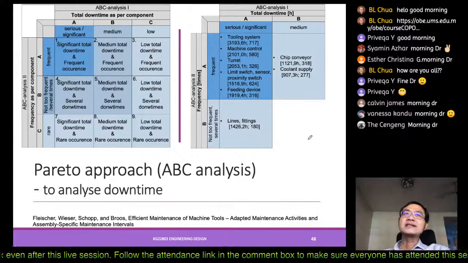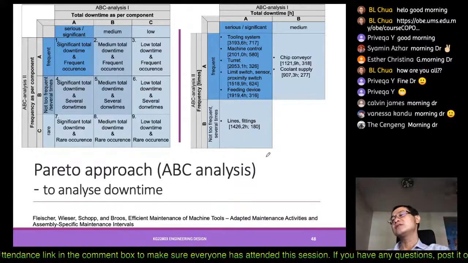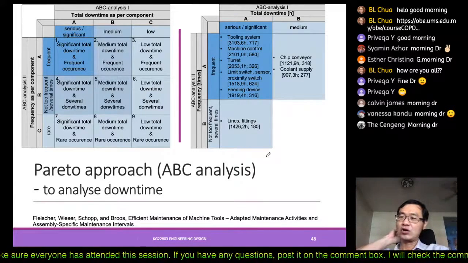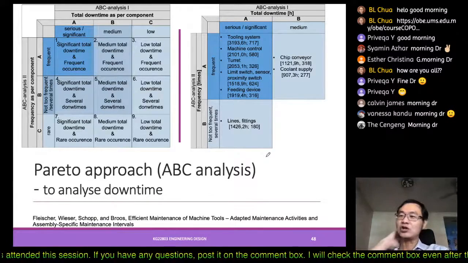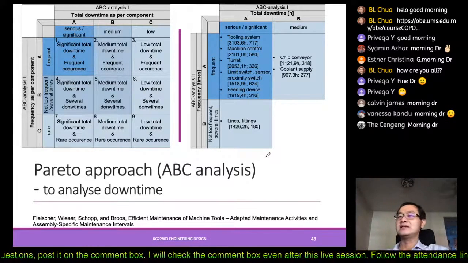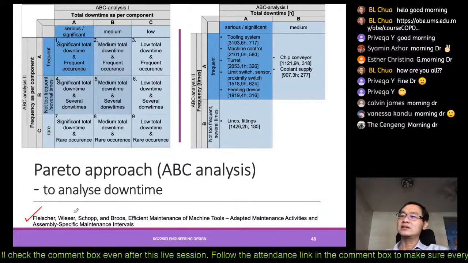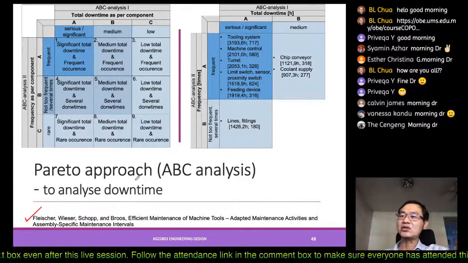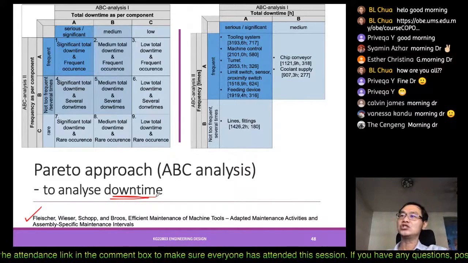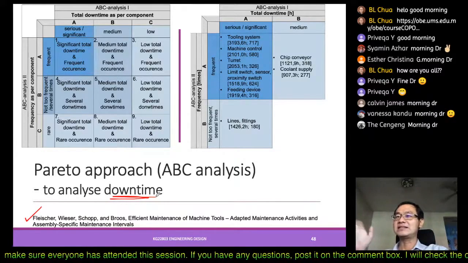So to assess the maintenance now, we have several methods. One of them is the Pareto's approach. They call it ABC analysis, based on this paper. What they do is analyze the downtime of the system or all machines, and group them into the A, B, and C parts.